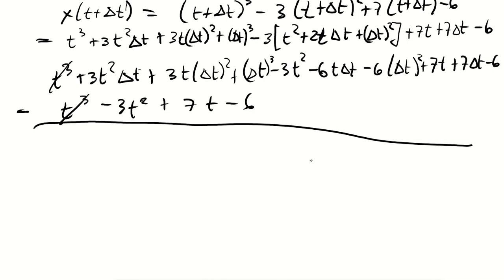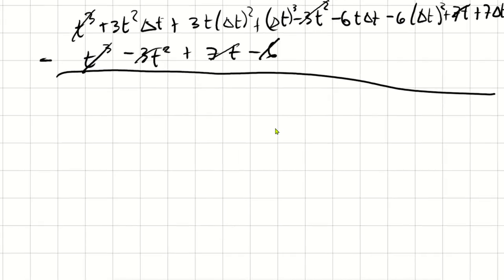What else? 3t squared minus 3t squared also cancels. Then we have 7t minus 7t, this will also cancel out. And negative 6 minus negative 6 will also cancel out. So what will be the remaining terms here?